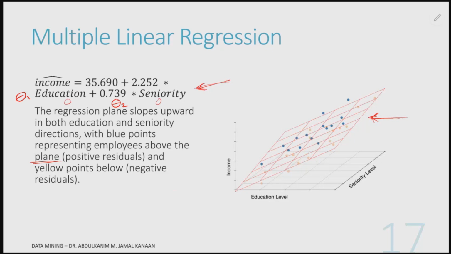Clear? So how do we interpret this equation? If I tell you theta 0 here is 35.69, how do we interpret it in the context?